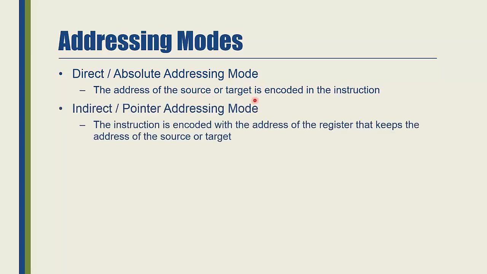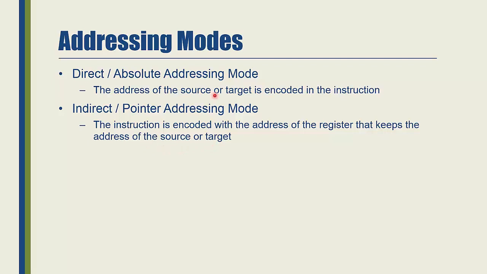The indirect or pointer addressing adds one more step of complication to the system, whereby in our opcode, instead of keeping directly the address of the target or source, we keep the address of the register or memory location that further will tell where to find the source or target operand.